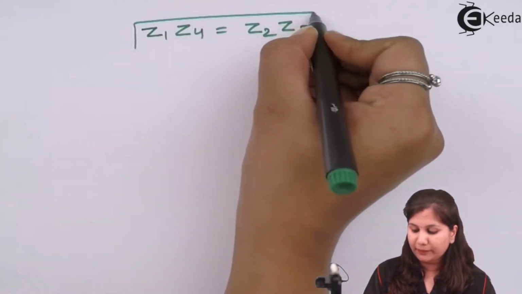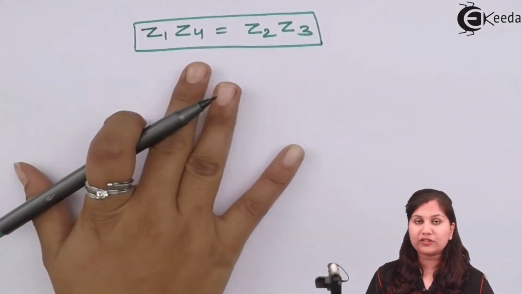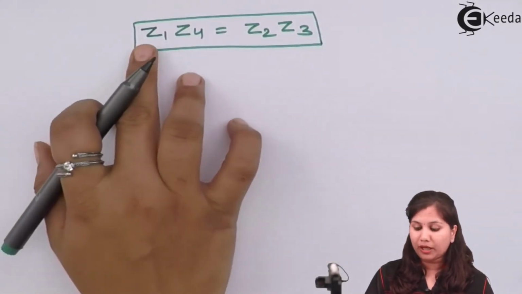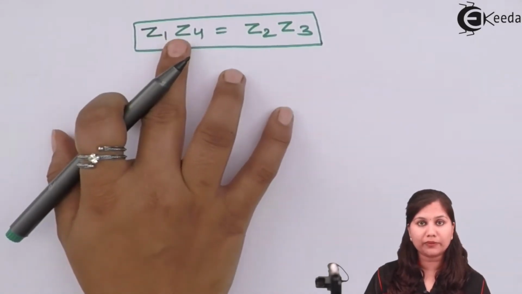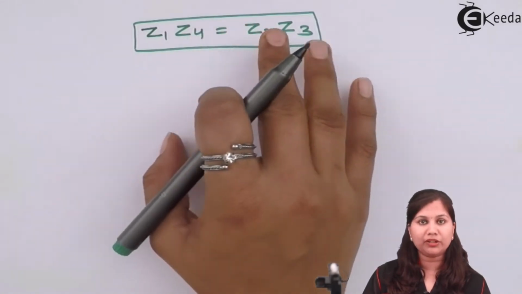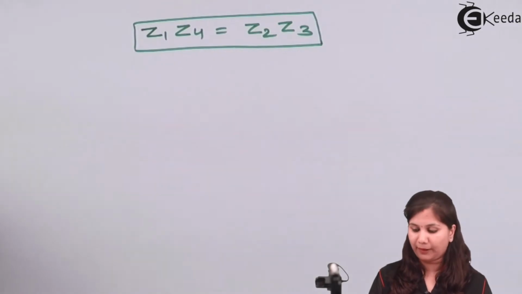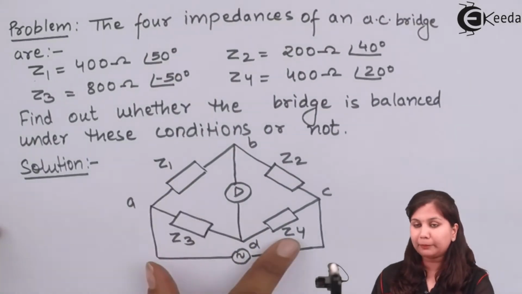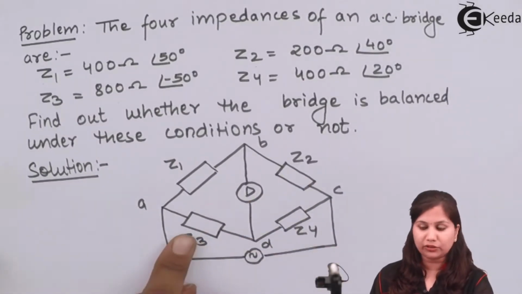This is the general balance equation of an alternating current bridge, and this equation says that the product of the magnitudes of the impedances present in the opposite arms is equal to the product of the impedances present in the other pair of opposite arms. So in the circuit, Z1 multiplied with Z4 equals Z2 multiplied with Z3.